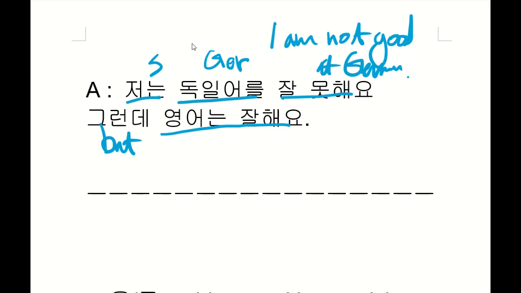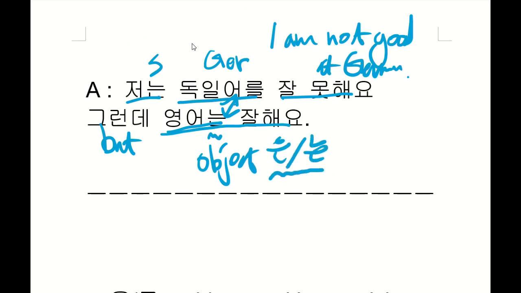But I'm good at English. So in this case also the comparison. I'm not good at German, but I'm good at English. So comparison, it's the object part. But 는 is also used here for comparison and contrast like this. Okay.